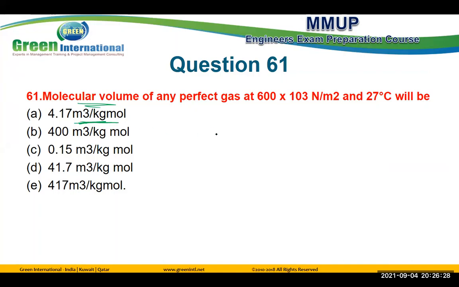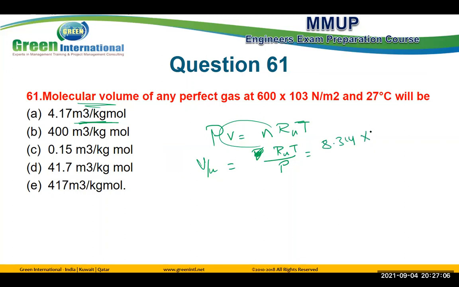So just write the equation PV equals n R universal T. The volume per mole equals R universal T over P. R universal is 8.314, multiplied by T, which is 27 plus 273, over 600 times 10 to the power 3.